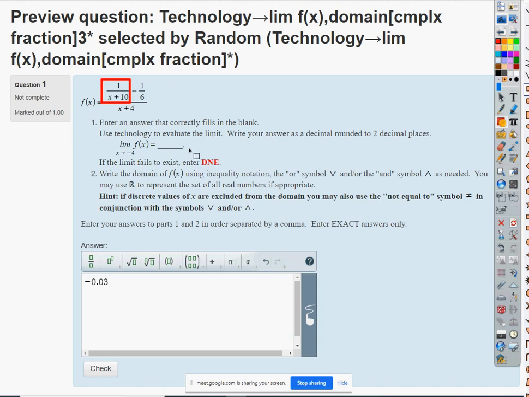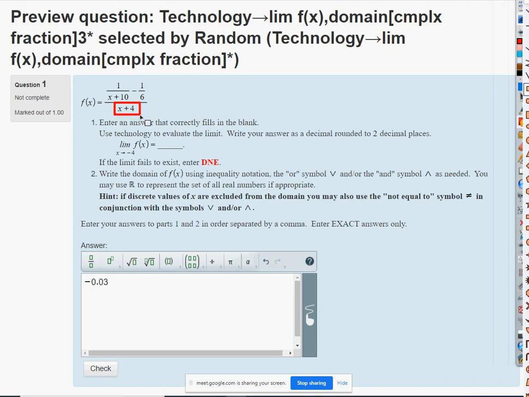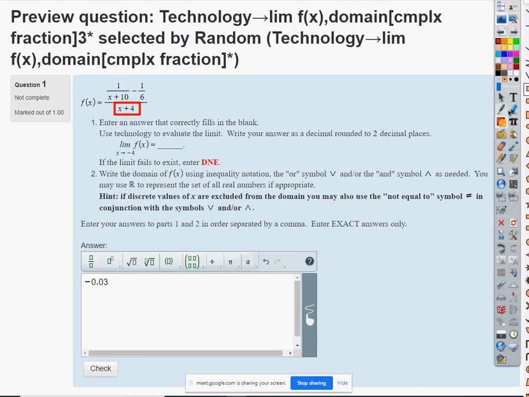Right away, what value of x can we see that we have to exclude from the domain? Negative 10. Good. Here's another one. There's a denominator. So what other one do we have to eliminate? Negative 4. Okay.